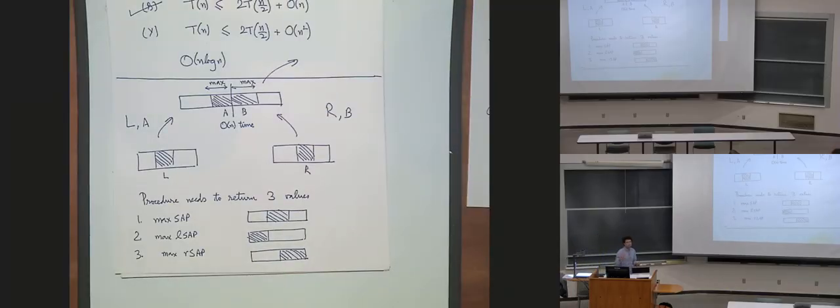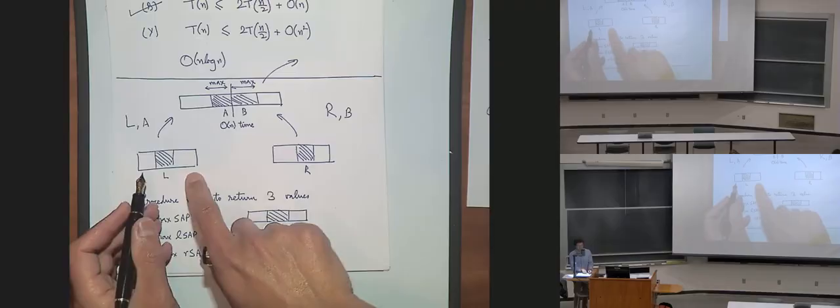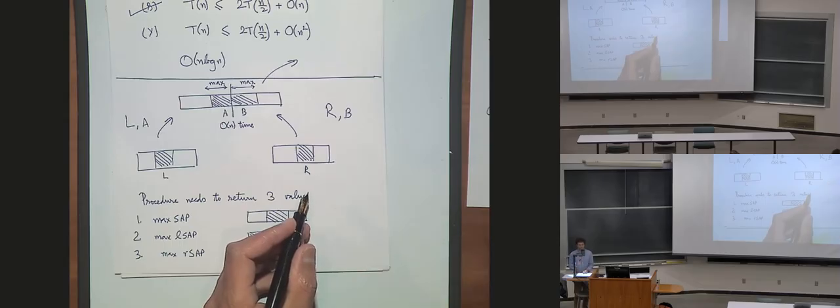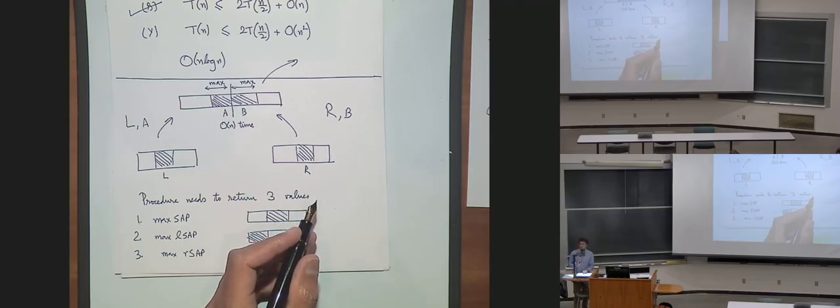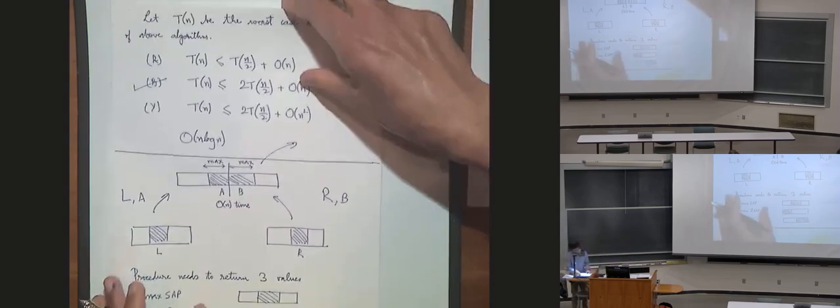So it has to be able to compute the max L and max R using the max L and max R from here. Okay? Yes? No? So now I'm going to draw this out in pictures, and then you'll see how this works.